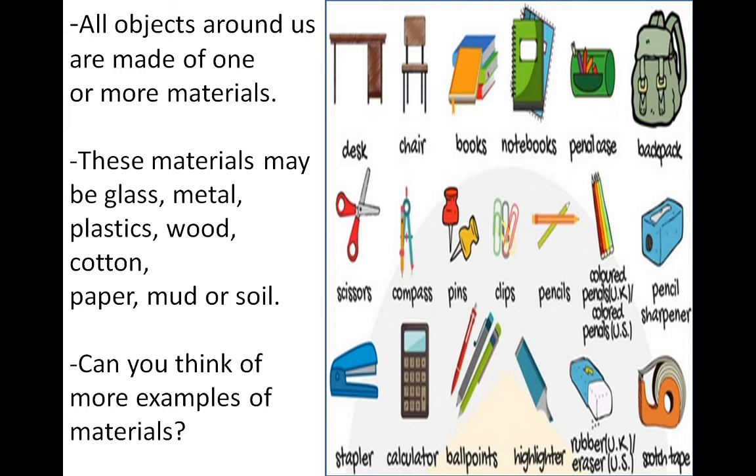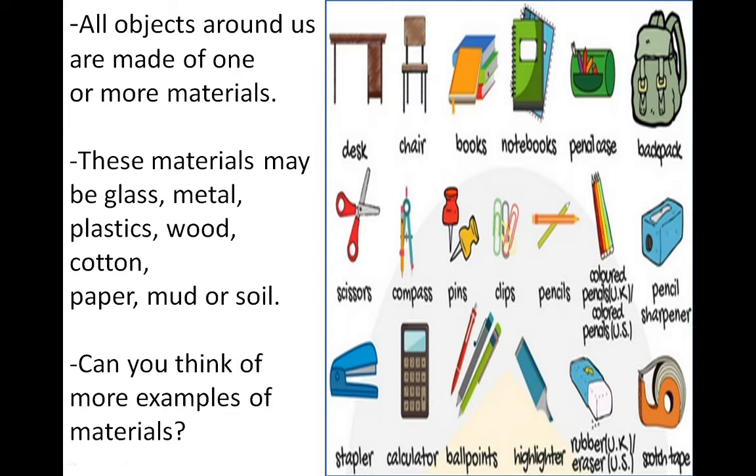And when we use those materials, we make our objects. So your objects, your things, are made up of different kinds of material. Understood? Can you think of more examples of materials? Already I have mentioned lots of materials here, and lots of objects also. Those pictures are of objects.